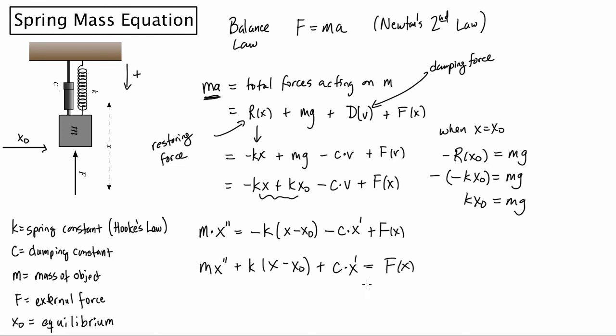And this is starting to look better. But the final step is I want to make a variable substitution. I want to let y replace the variable x minus x naught. And the reason I want to do that is y is going to track displacement, but it's a specific displacement. It's the displacement from equilibrium.